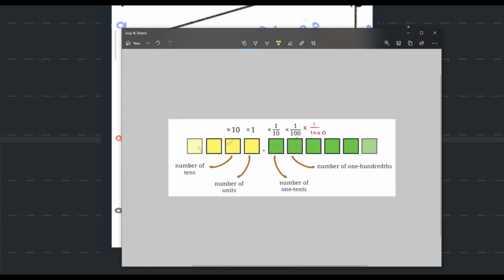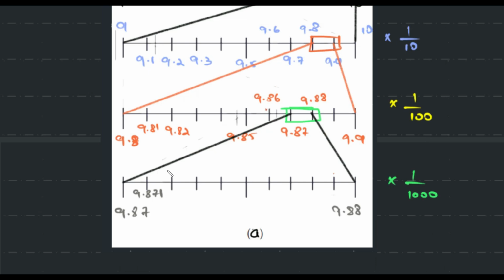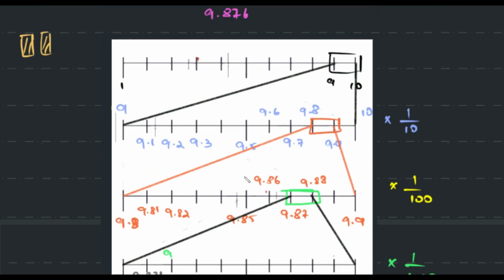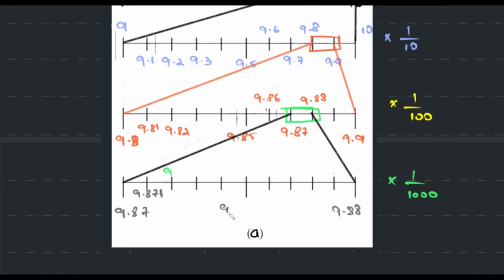Yeah, this position. So we have, let me go back to the same color. So we are looking at 76. So let me directly go to 9.875. That's the middle. The next position will be 9.876. So basically, this is our answer.